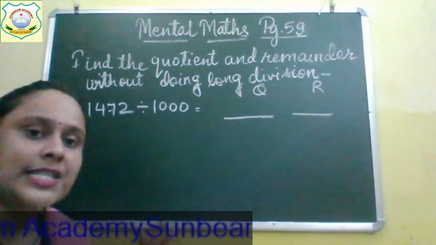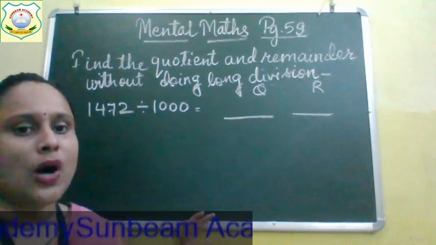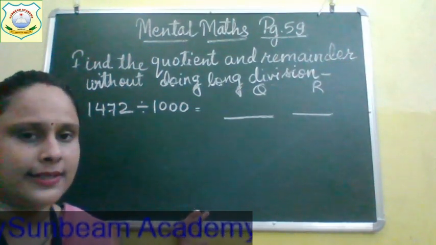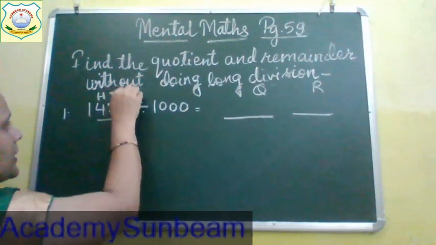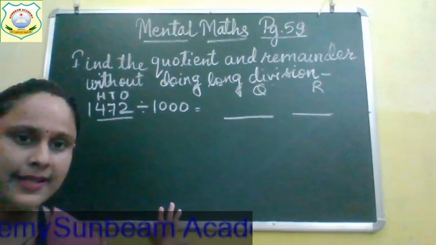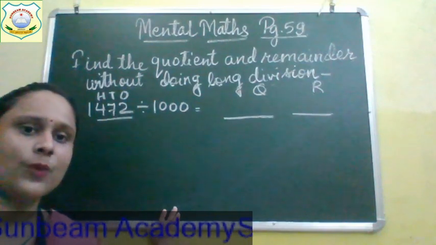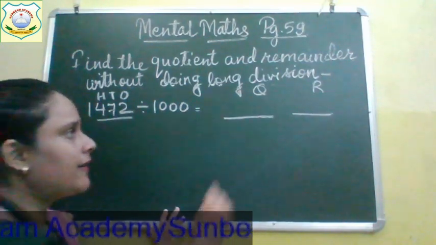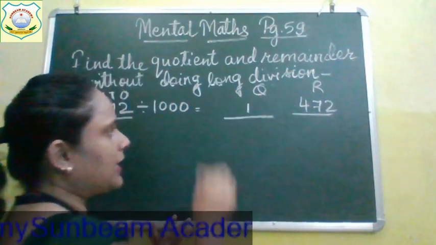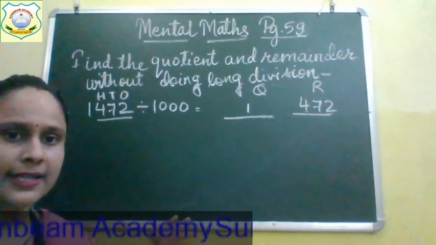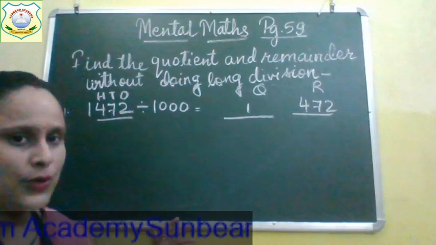So children, which numbers are there in the place of hundreds, tens and ones? 472. These are the 3 numbers. So 472 will become the remainder and 1 will become the quotient. 1 is the remaining number, so it will become the quotient.